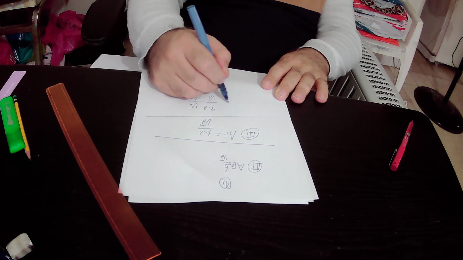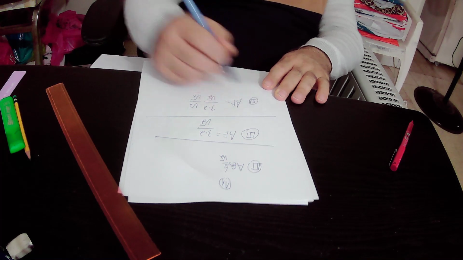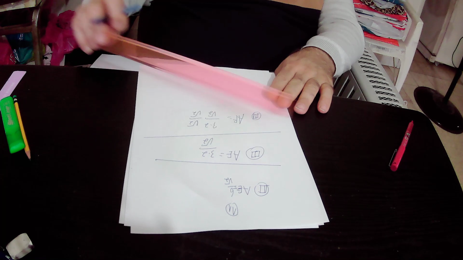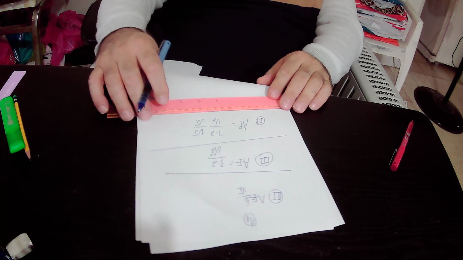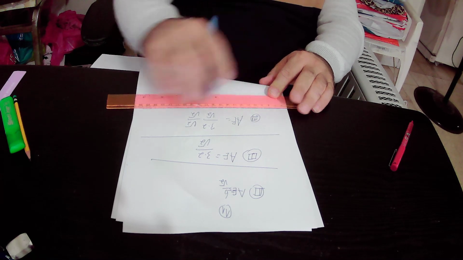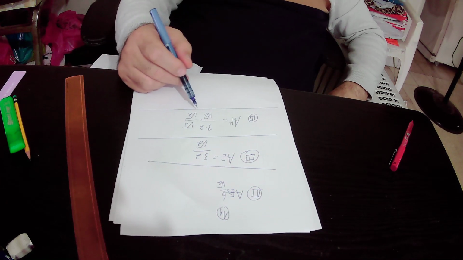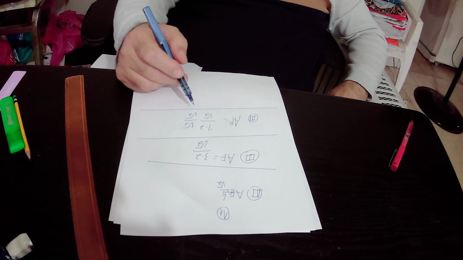So AE equals this expression. In the denominator, we have square root of 2 times square root of 2, which is 2.